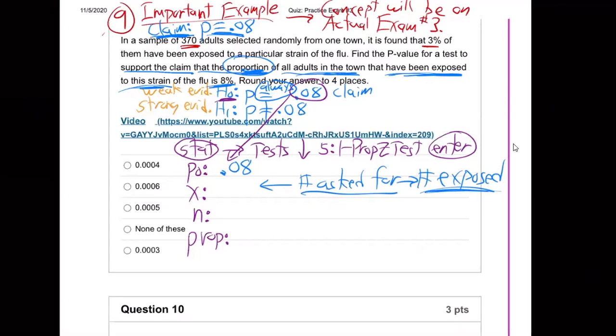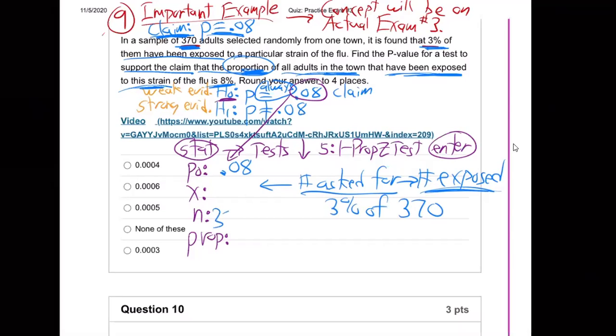That's what we're testing. So the number being asked for is the number that have been exposed. Well, how many have been exposed? Well, in a sample of 370, it is found that 3% of them have been exposed. So 3% of 370 have been exposed.